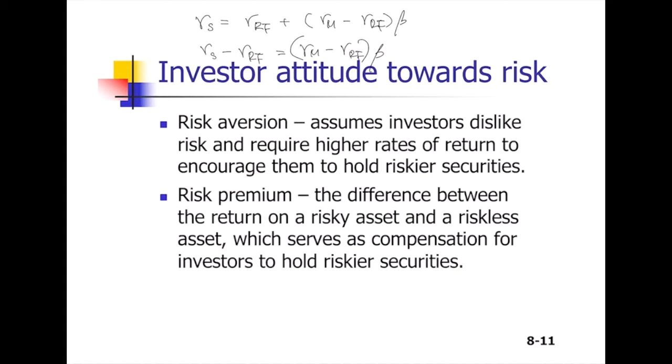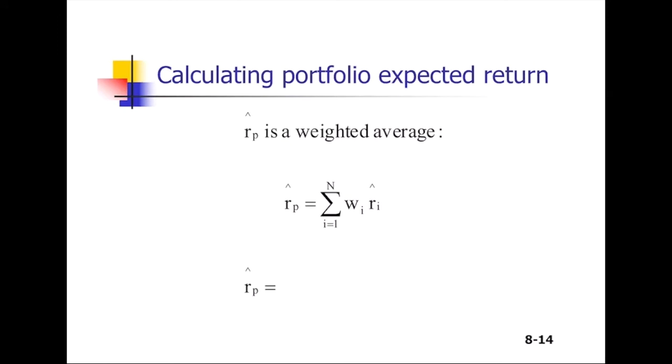So when we construct a portfolio, it means we can buy two or more stocks. The risk measure can be different. Calculating the portfolio expected return, the weight is 1/2 multiplied by the high-tech company's expected return, plus 1/2 multiplied by the collection agency's expected return.